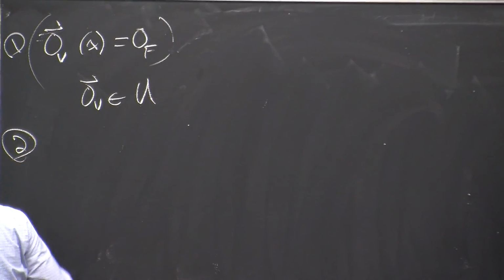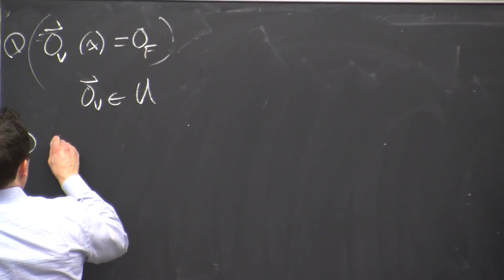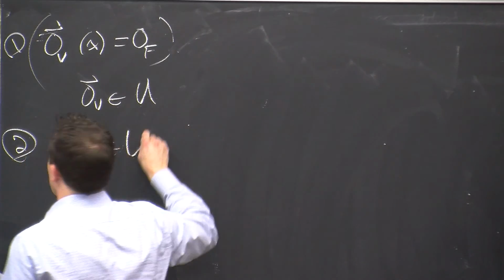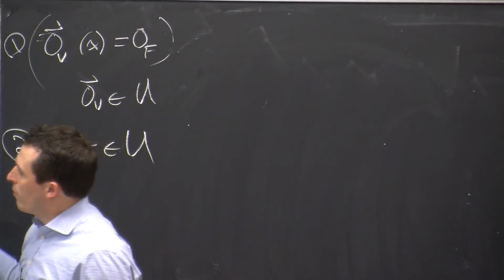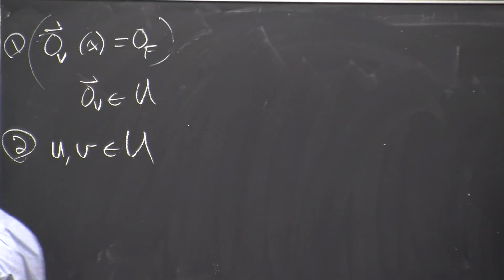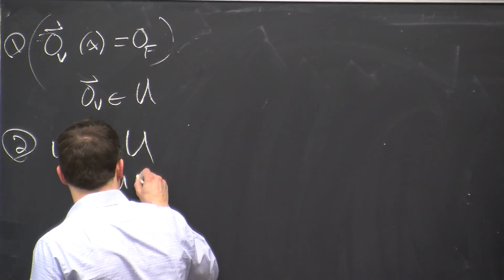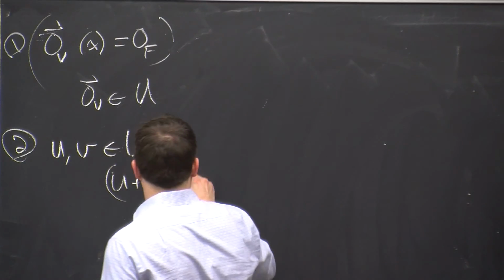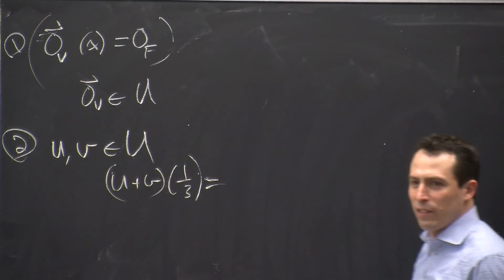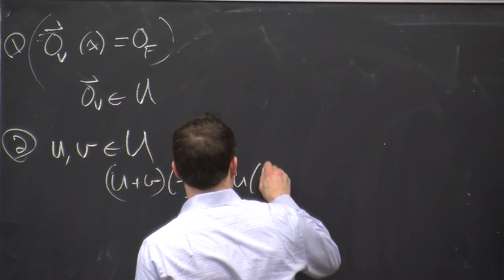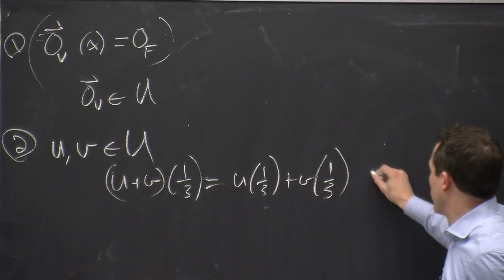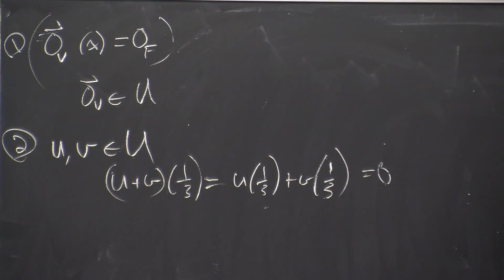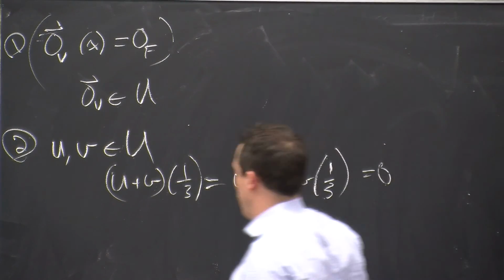Secondly, we want to check addition. So let u and v be in U. That means u and v are two functions on the unit interval that take value 0 at 1/3. If I add them together and evaluate at 1/3, by the definition of addition in this vector space, it's u of 1/3 plus v of 1/3. Both those are 0, so that's equal to 0. So that one is satisfied.